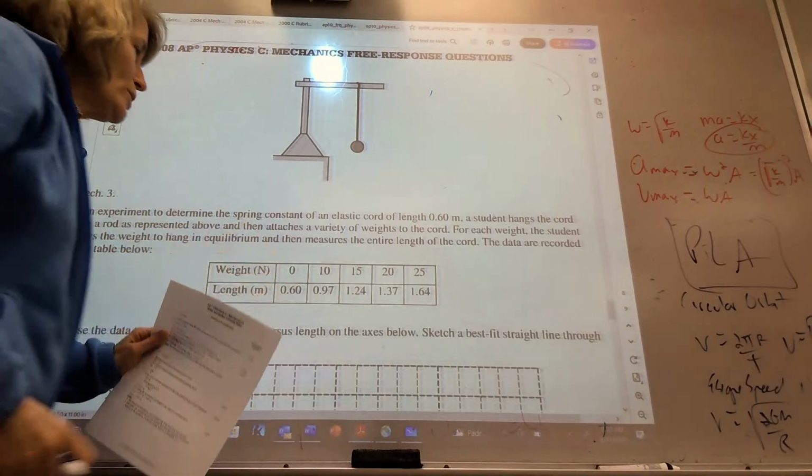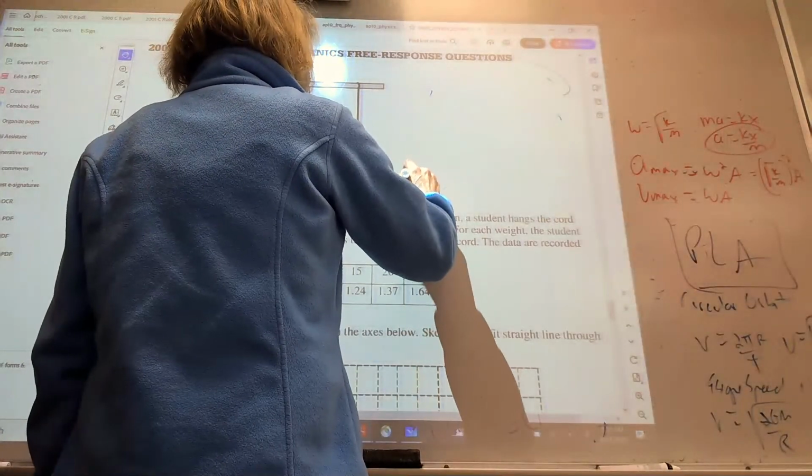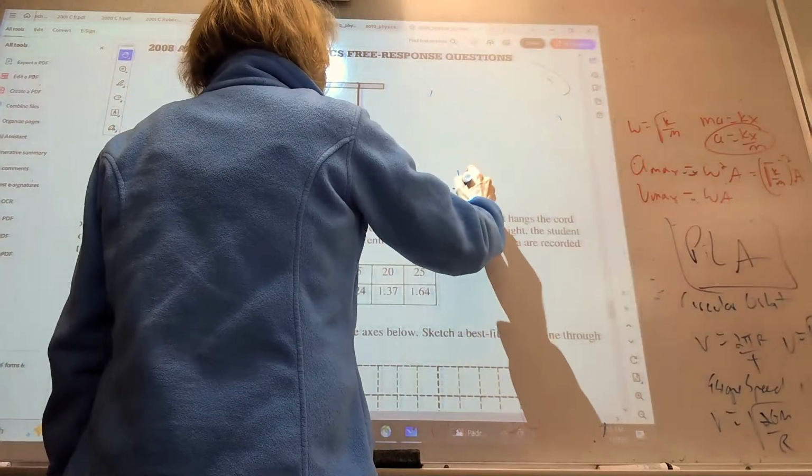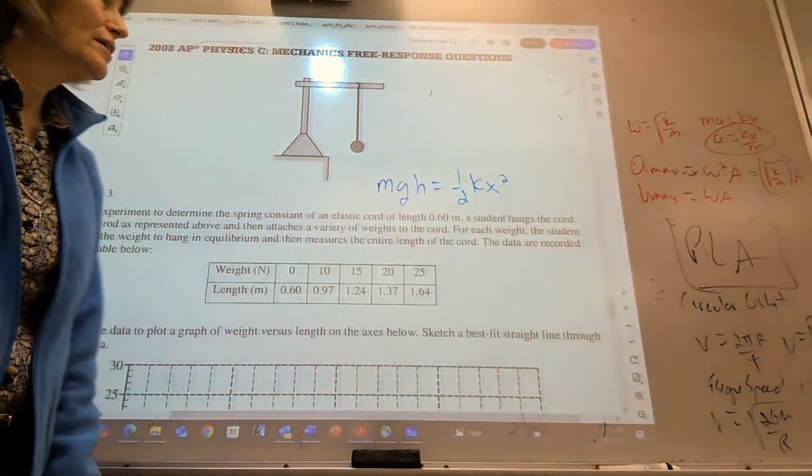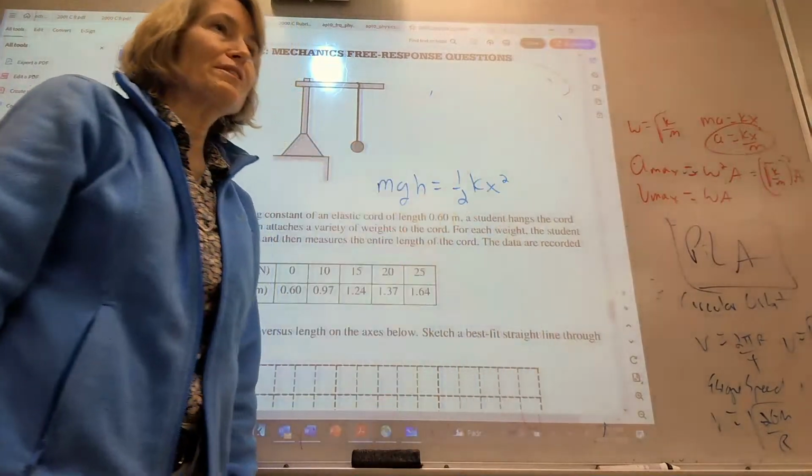Okay, so we have our conservation of energy. We're starting with mgh. It stops, so all we have is 1/2 kx squared. The h and the x are not the same thing.